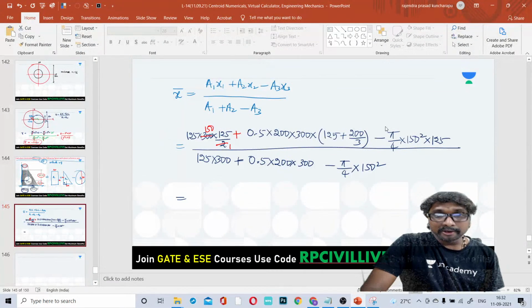What is the third one? 1 by 4 you can take as 0.25, so minus 0.25 into pi into 150 square into 125.